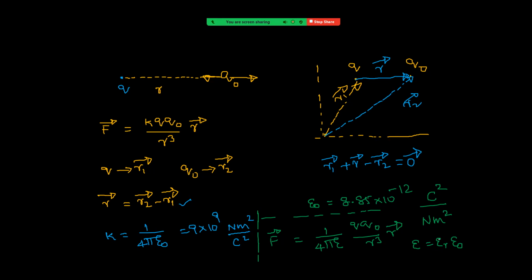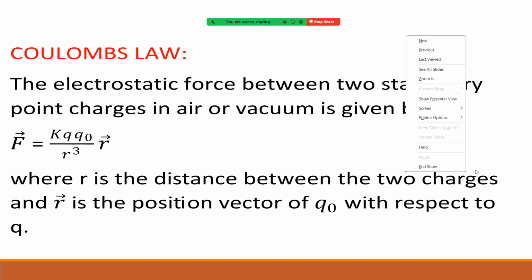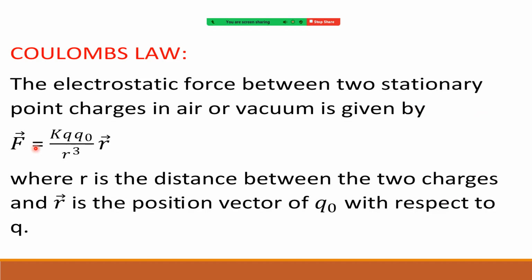Okay, let us see the notes for this one. Right. So R is the distance between the two charges and R bar is the position vector of Q naught with respect to Q, because we are focusing on the force by Q on Q naught.